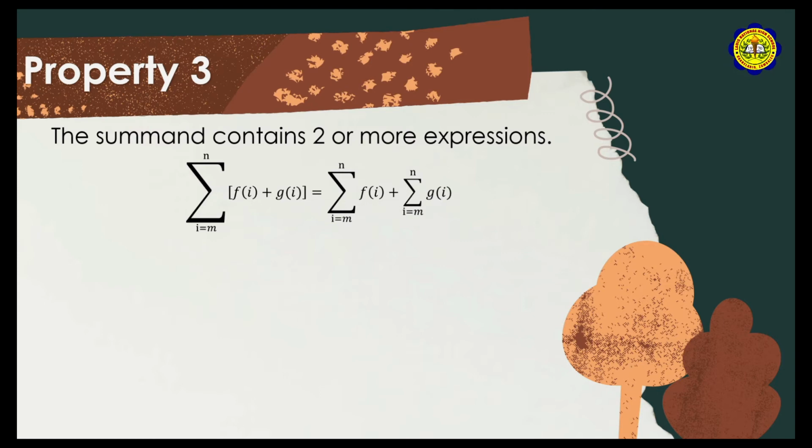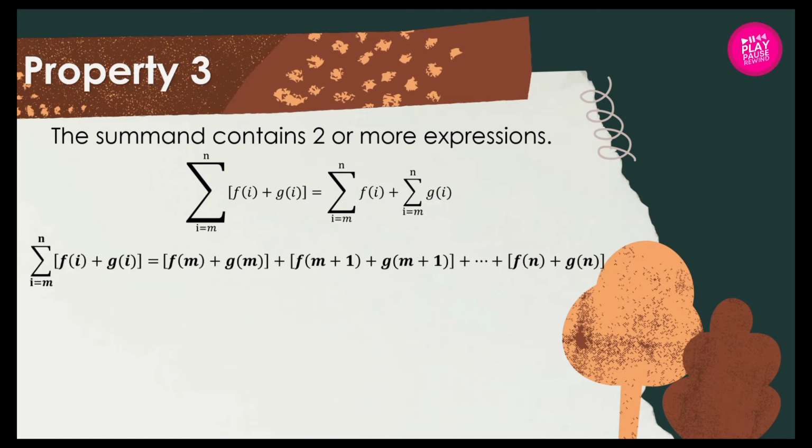If the summation is composed of two or more expressions, the summation of f of i plus g of i from i equals m to n is equal to f of m plus g of m plus f of m plus 1 plus g of m plus 1, up to plus f of n plus g of n.